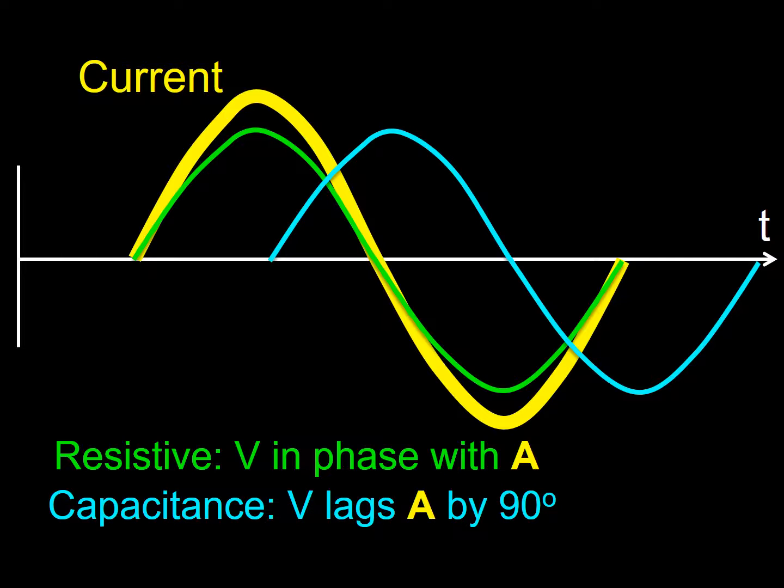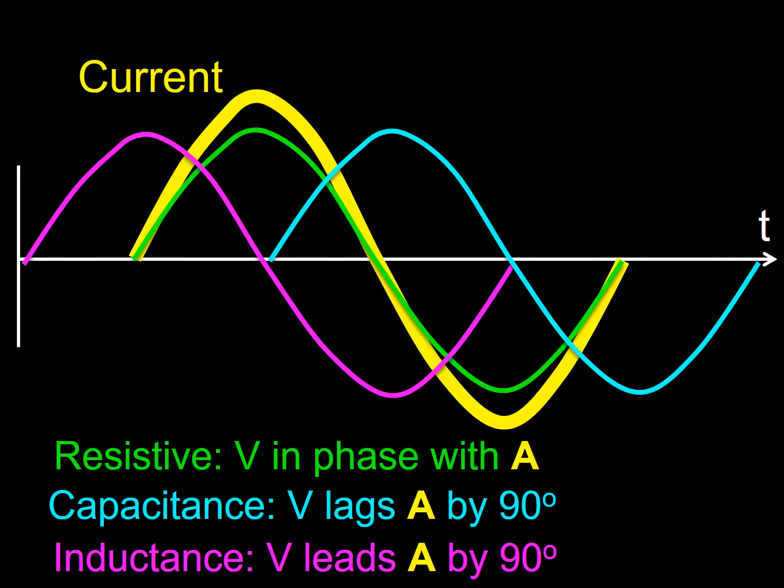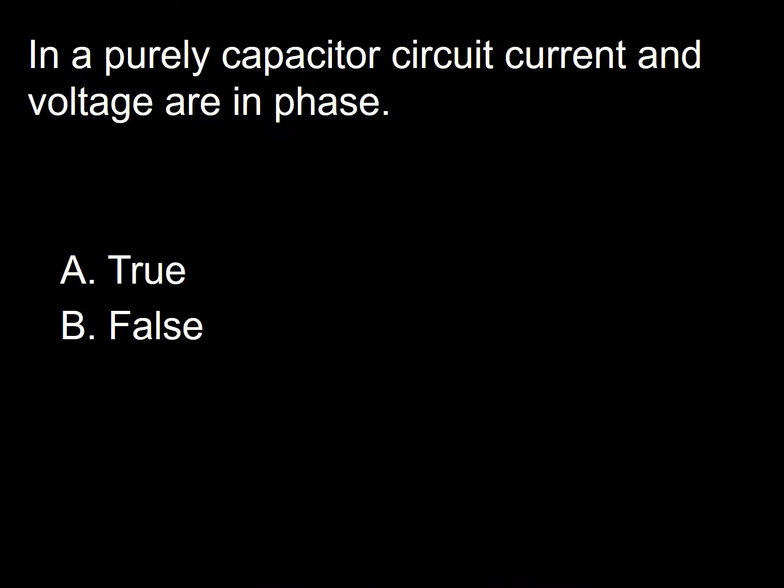This forward displacement in time represents a delay. In this case, voltage lags 90 degrees in reference to current. Lastly, using the same conditions but now looking at a purely inductive circuit, we find that voltage represented here by the magenta sine wave leads current by 90 degrees. So the answer to this question is false.